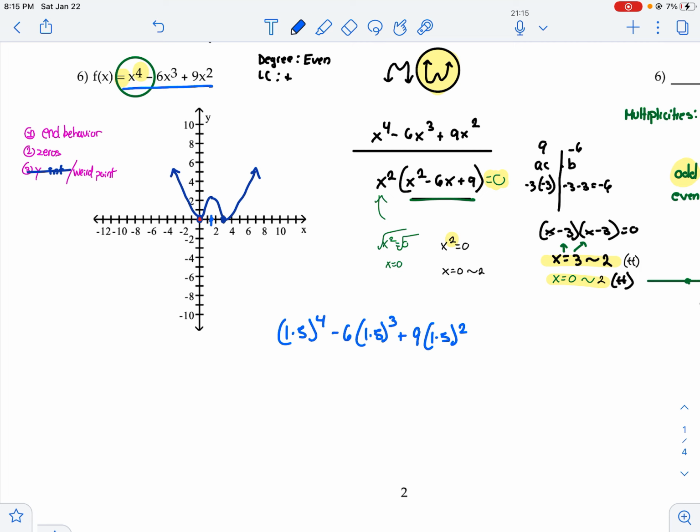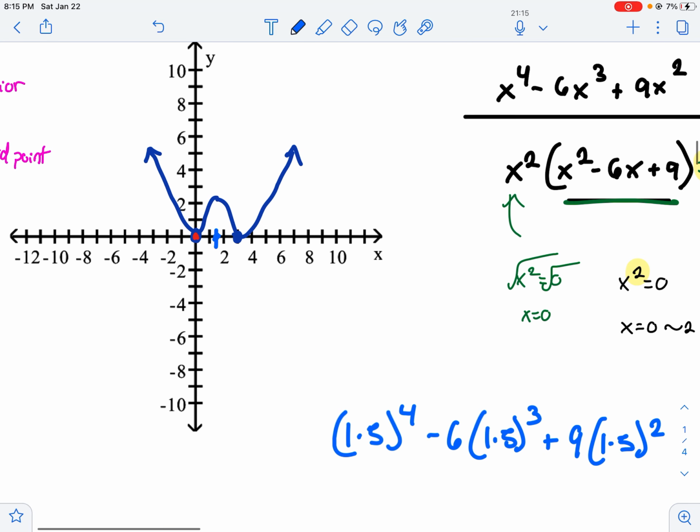We're going to add that to 9 times 1.5 to the power of 2, and it's going to equal 5.0625.